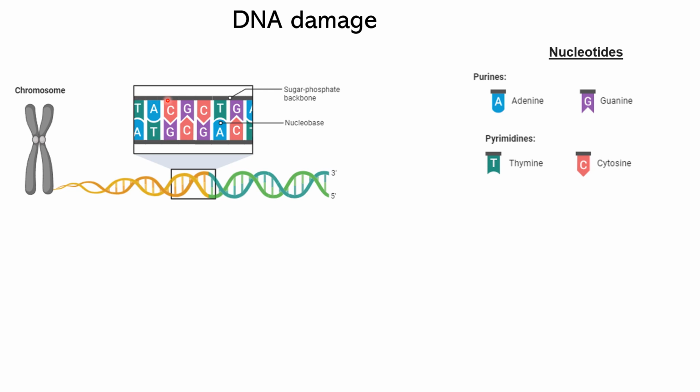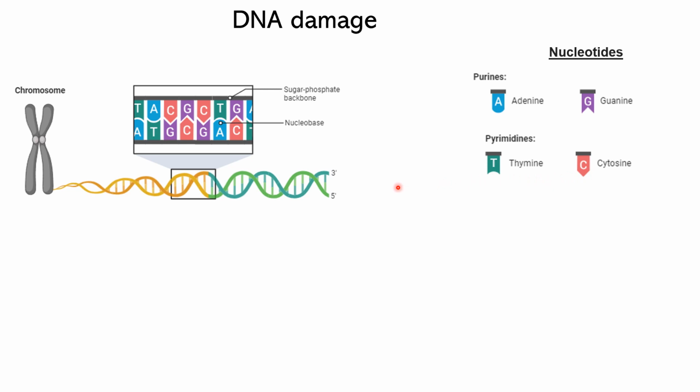The boundaries of the DNA are the sugar phosphate backbone, and we have then the nucleobases in there. The sugar backbone with the nucleobase are both called nucleotides. Within the body, we have 4 different nucleotides: adenine, guanine, thymine, and cytosine.